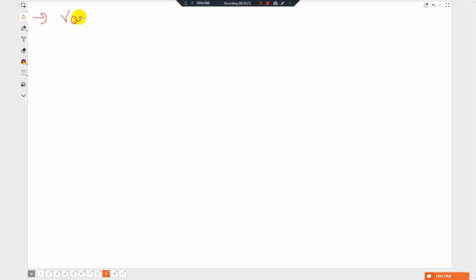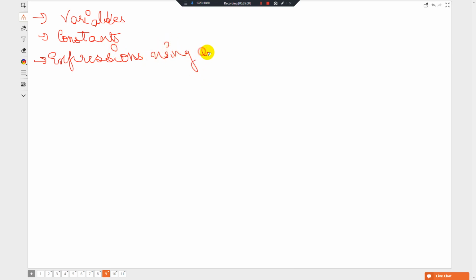So we will recall what we have learned today. We have learned tables using variables, and how to form expressions from instructions, and giving instructions from formed expressions.